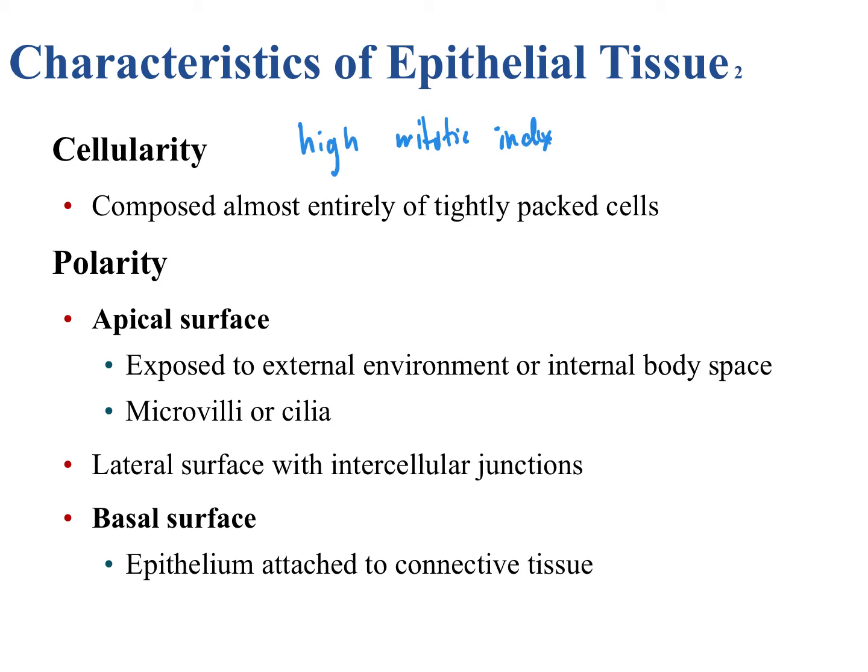What does that mean? A high mitotic index. They replace themselves a lot. They undergo mitosis a lot. So lots of mitosis means they reproduce, they repair, they help maintain their tissue.